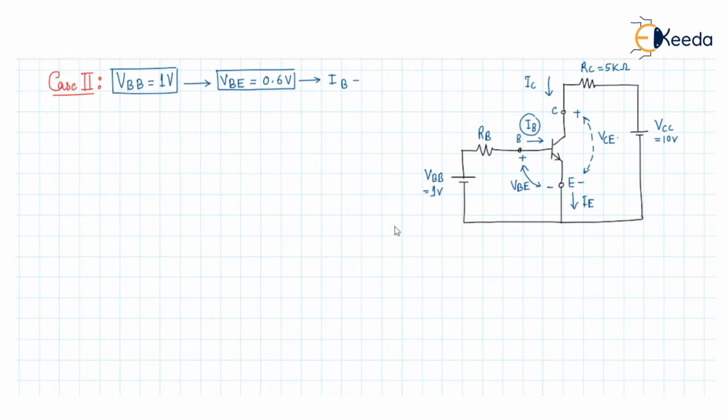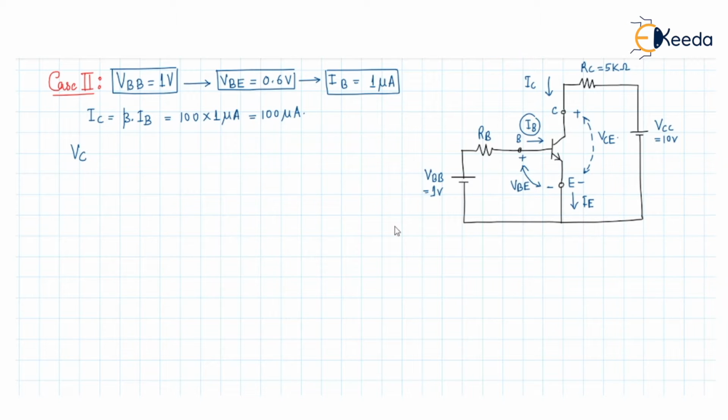So IB will be 1 microampere. We have got a value of base current. So my IC current will be beta into IB. And let us assume the value of beta as 100. 100 into 1 microampere will give 100 microampere.